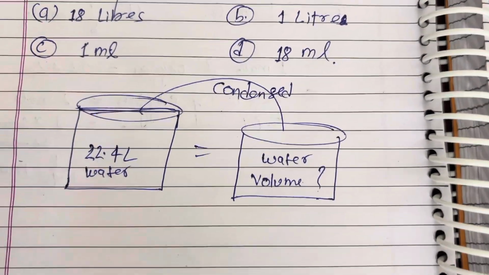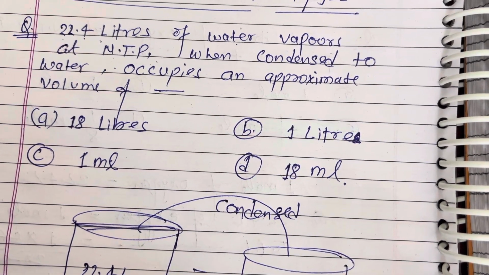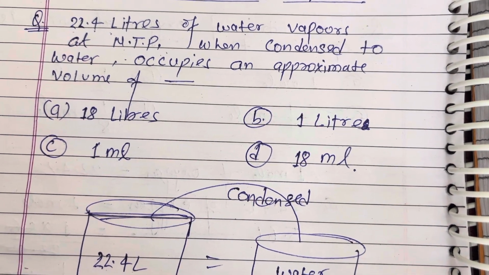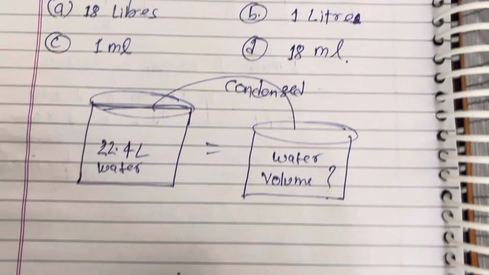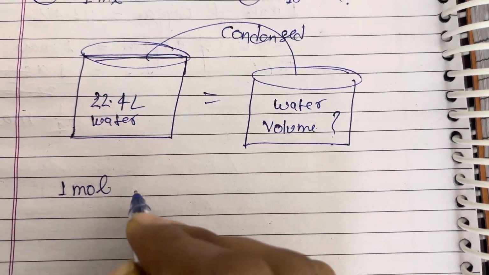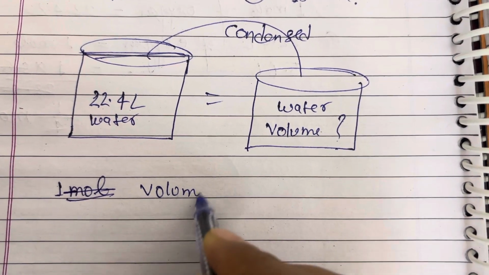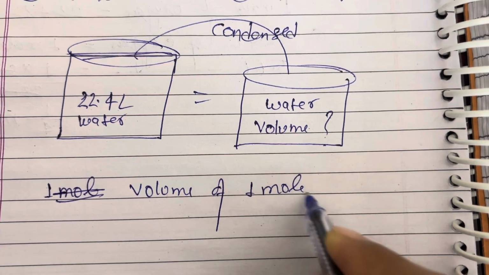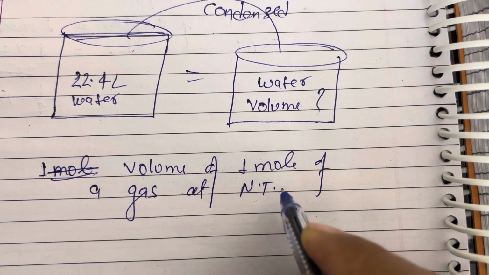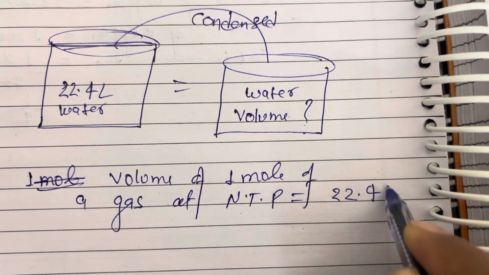So let's see. As we know, the condition given is 22.4 liter of water vapors at NTP when condensed to water occupies a volume of. So here, as we know, the volume of 1 mole of a gas at NTP is equal to 22.4 liter.